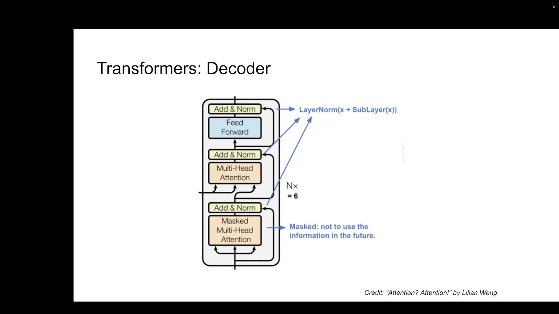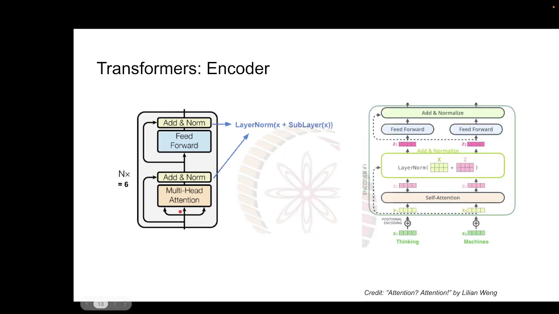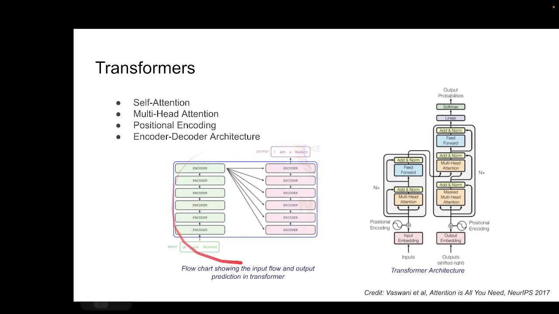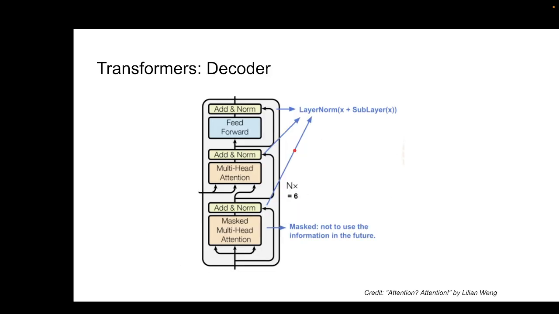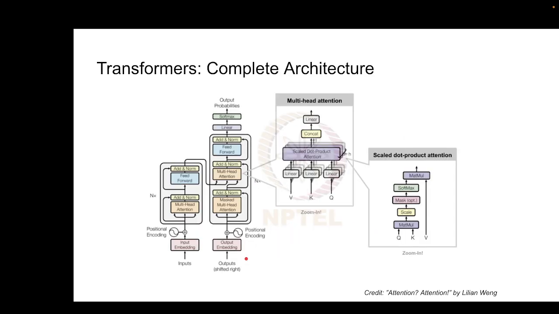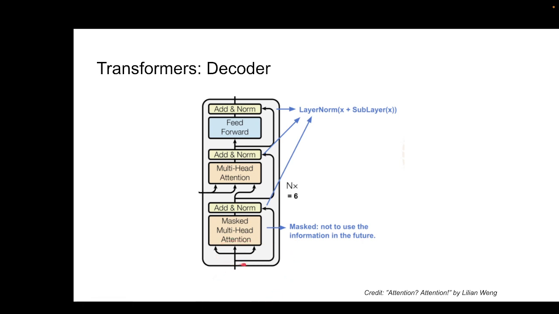The decoder has the decoded input in the training stage, and some help from the encoder as well. Going by this picture once again, it needs input from the encoder, and it has its own input to be able to learn. The architecture is very similar, as you can see.